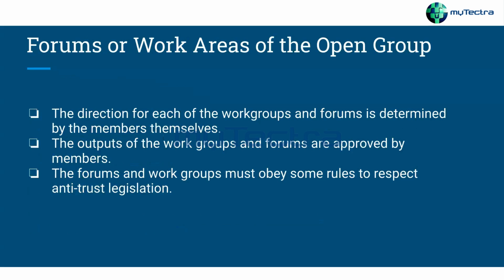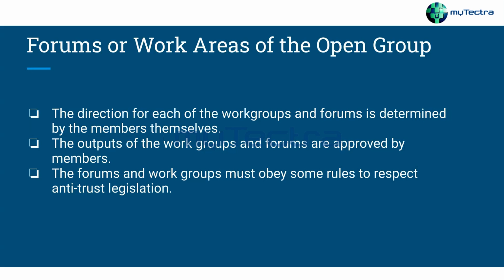Okay. Makes sense. So the forums or work areas I mentioned are determined by individuals. For example, I work in Open Group. I'll decide whom I have to go and talk to and whom I can get inputs from. These forums and work groups act as a meeting point for suppliers and buyers, meaning the people who want to implement the program.